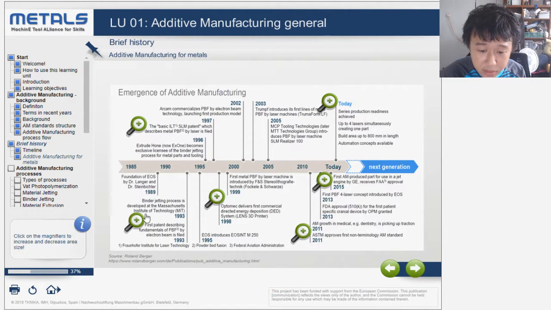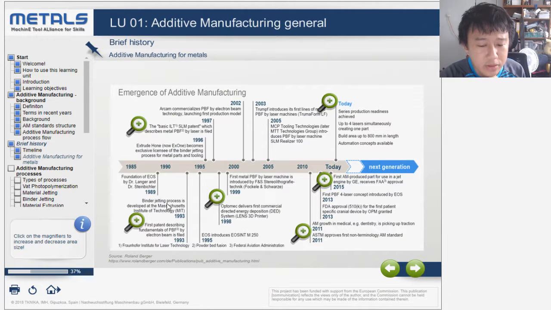Binder technology process developed by MIT, awesome. First patent describing the fundamentals of powder bed fusion, yep. I think the binder jet printing process for metals is going to be pretty interesting in the future. I think it provides the possibilities of mass manufacturing, so definitely something to keep an eye on.